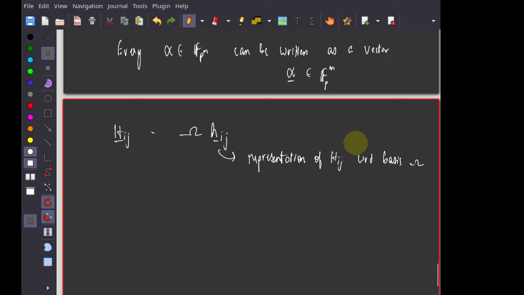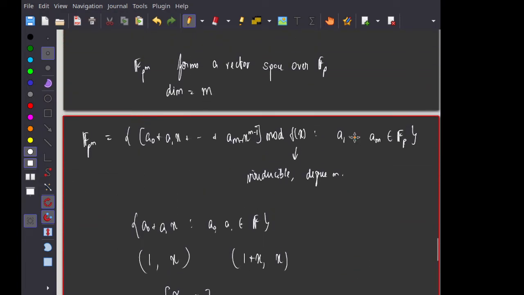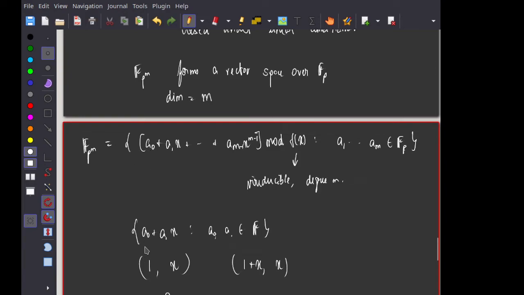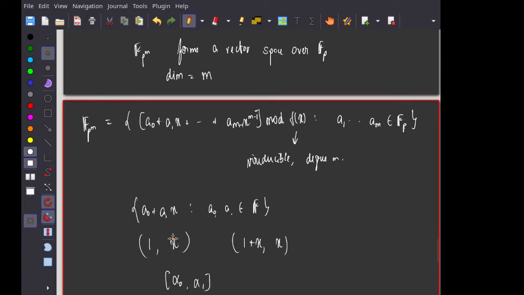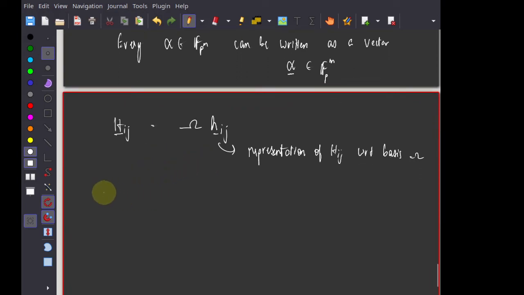So for example, if you wanted to think of this as a polynomial, if you look at the vector space of polynomials, then I could write a0 plus a1 x as (1, x) times (a0, a1). That's one way to write it. And now I can essentially just work with a0 and a1 as long as I'm only considering operations with respect to Fp.